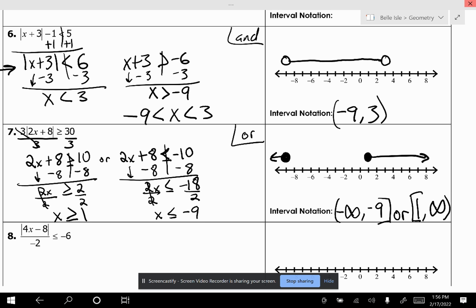Wait, number 10. 8 and 10. We already did 7. No, it's supposed to be 10. Why'd you minus like 10? Don't ask. I know exactly.